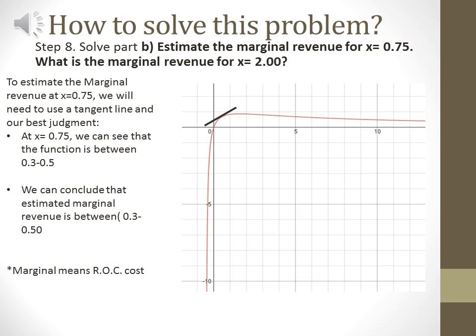It's something that we can see, and it tells us what the rate of change of this graph is. So as you can see here, at x equals 0.75, the slope is between 0.3 and 0.5. Therefore, estimation-wise, we can conclude that the estimated marginal revenue is between 0.3 and 0.5.